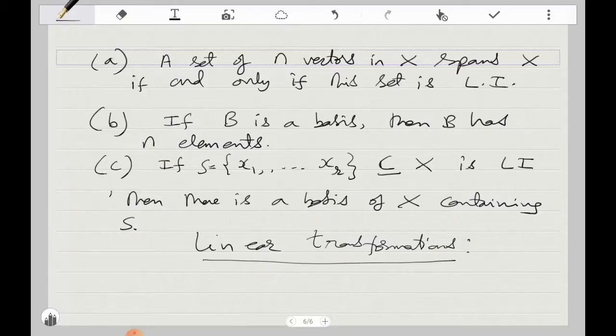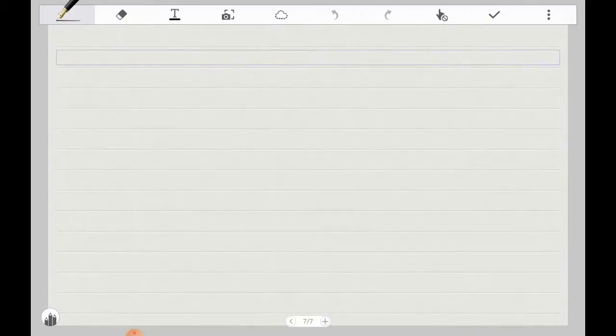Let X and Y be vector spaces. Again, for our purposes, it's enough to take X and Y to be subspaces of some Euclidean space, but I won't keep mentioning that, so I'll just write X and Y vector spaces.